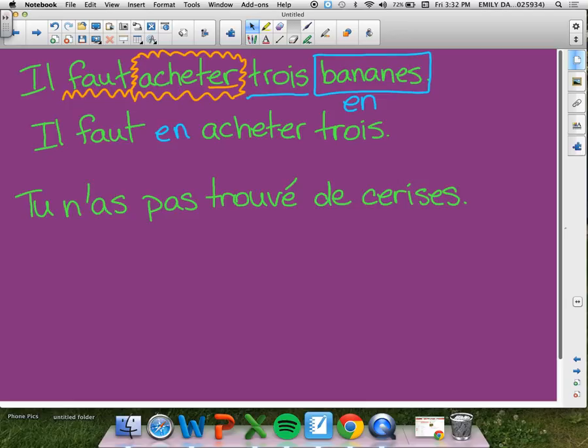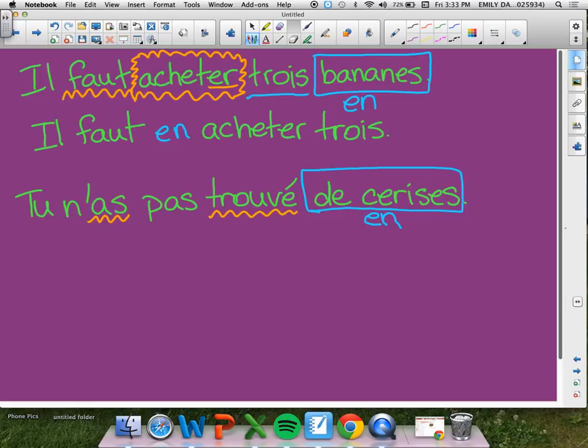So I see here I have an expression of de, because I see the de right here is my de, and it's followed by a noun, and I know that if I see a de, it's going to go with that noun. So all of that is going to be replaced with en. So let's find my verb. Well, I have this verb right here, and I have this part of a verb, which is the past participle. So technically, I don't have an infinitive, so a trouvé is the verb in itself. So I know that my pronoun is going to go in front of my helping verb.